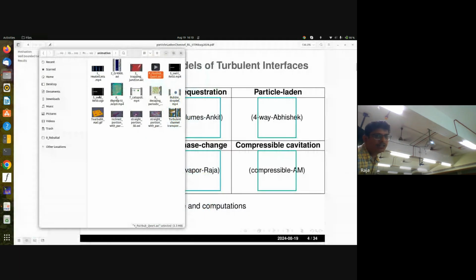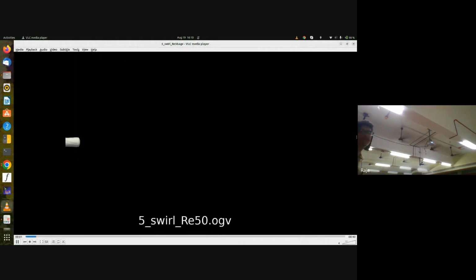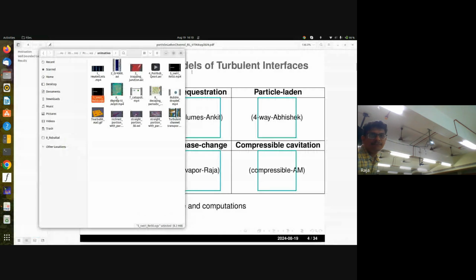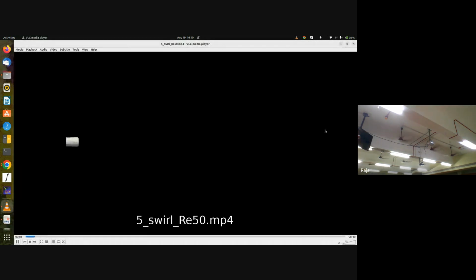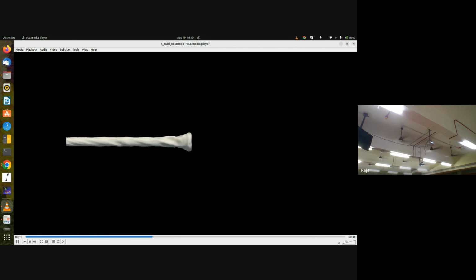Something about swirling flows. There is a liquid jet which is coming in and also spinning at the entrance. It starts spreading out, and ligaments, filamentary structures are created.